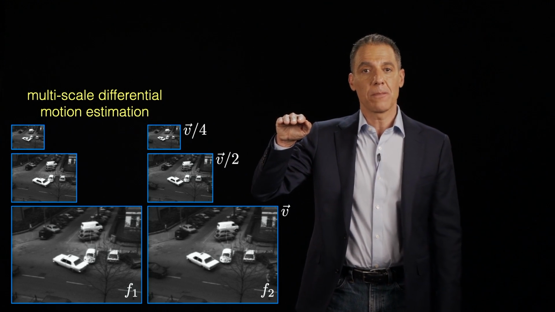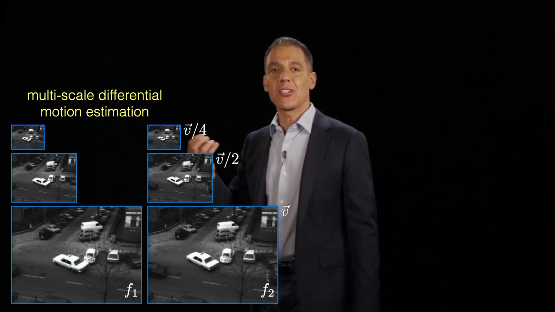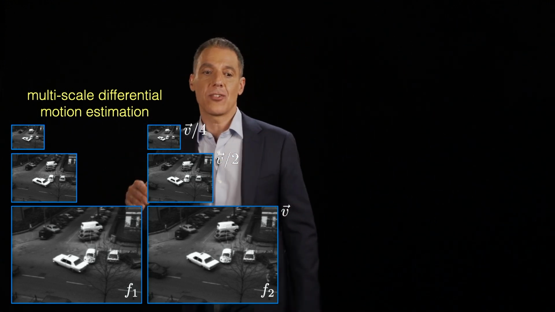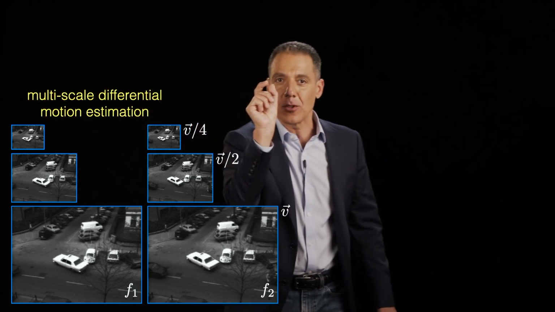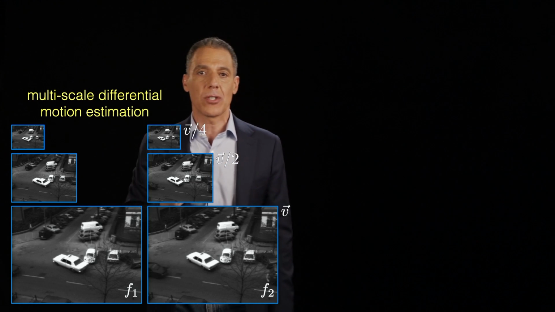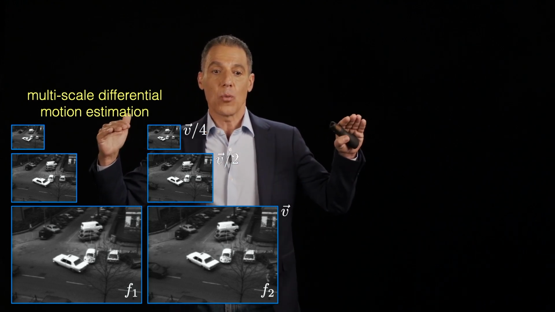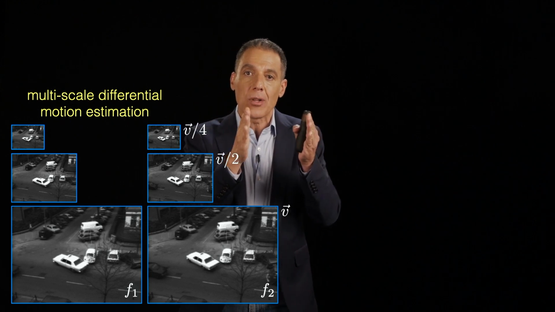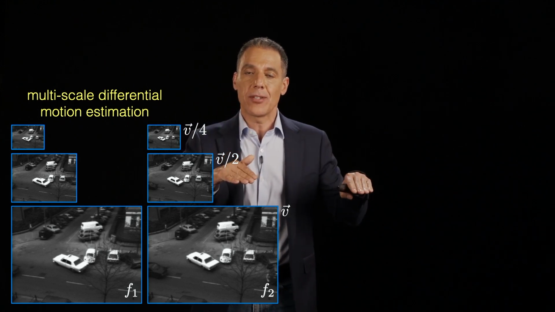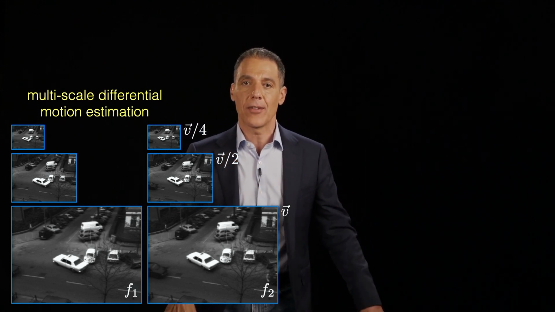So imagine something was moving 4 pixels here, it only moved 2 pixels here, and it only moved 1 pixel here. So the so-called multi-scale differential motion estimation says, start at the smallest scale with your tiny little filters, very, very efficient, and estimate motion, and then warp one of the images according to that motion estimation to make them more aligned. And then estimate motion at the next level, and the next level, and the next level.